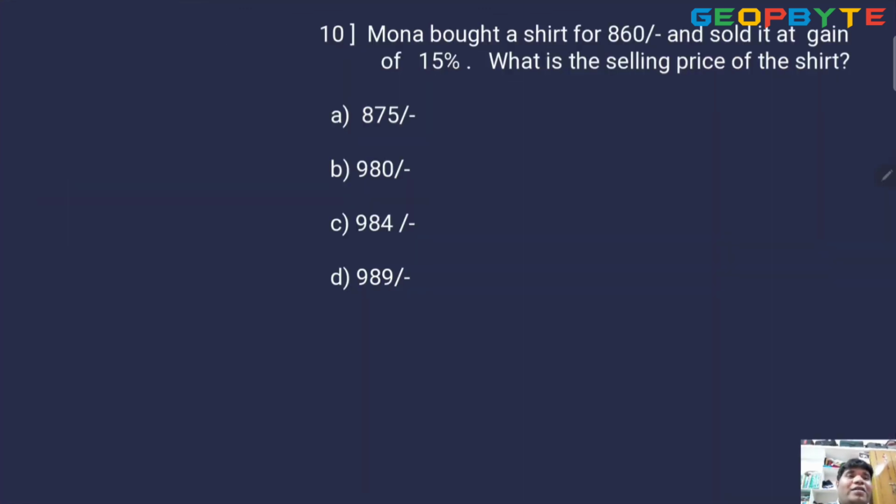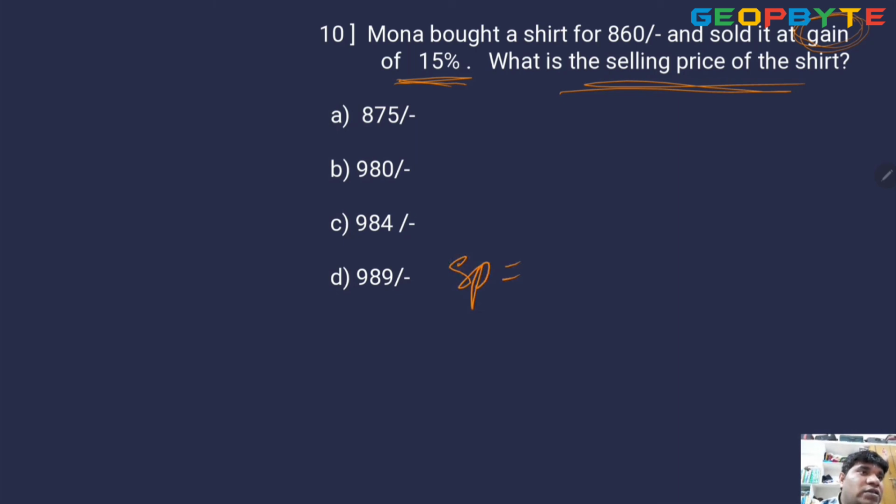Okay, children, last question. Mona bought a shirt for 860 and sold it at a gain, profit, 15%. What is the selling price? Directly, cost price is 860.